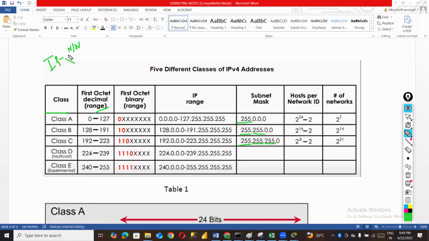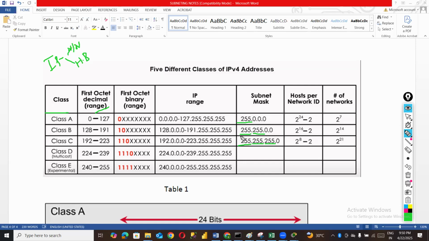A class is a combination of network bits and host bits. So in class A, the first octet is a network octet. So here a total of 8 bits belongs to network.